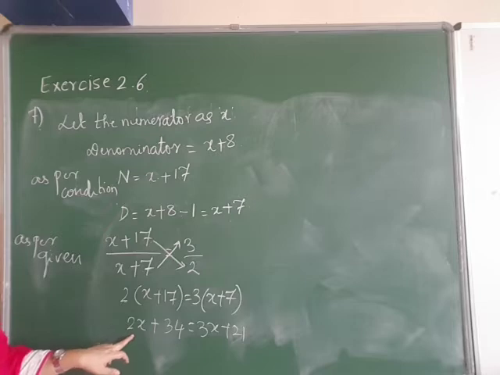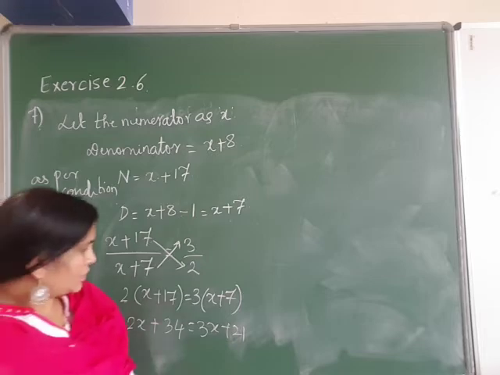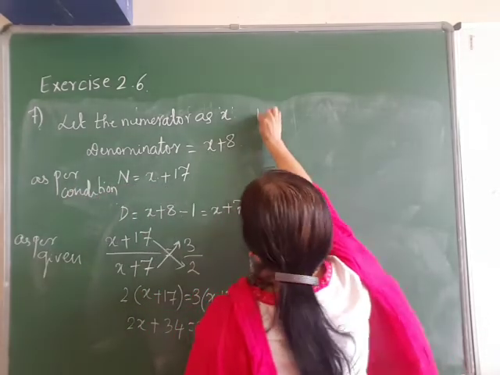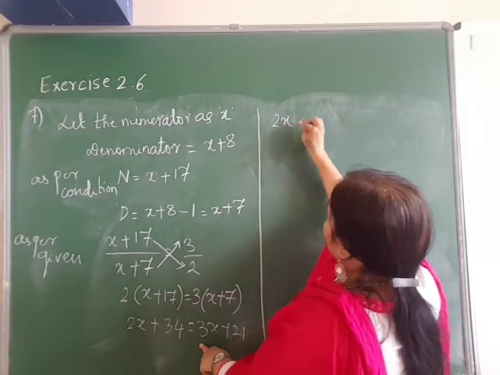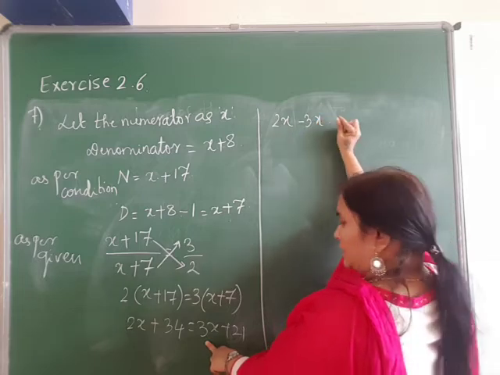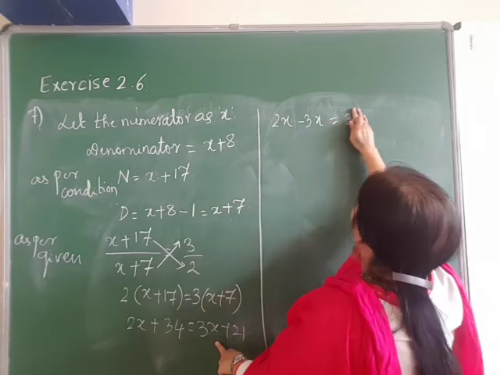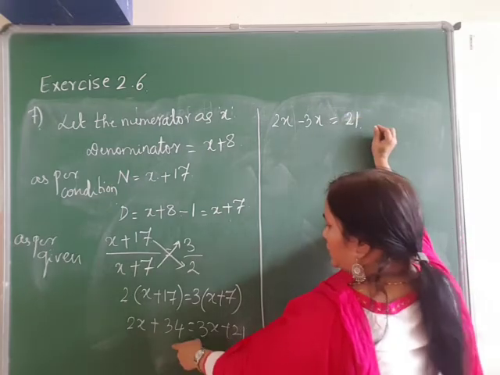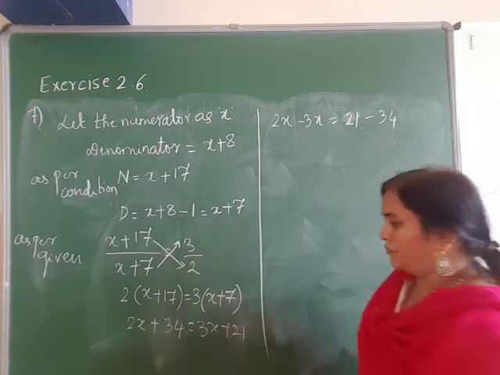Now all the variables on one side and the constants on the other side. Here 2x, I'll transpose 3x to the left hand side, it will be minus 3x is equal to 21. I'll transpose 34 to the right hand side, it will be minus 34.